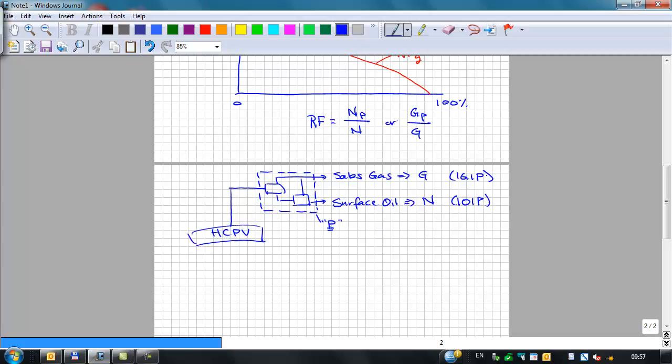That's what we define. And the ratio of those two numbers is the initial gas-oil ratio. It's just G over N. Or what we prefer to use is oil-gas ratio for condensates, which is just N over G, for example, with stock tank barrels per million standard cubic feet as an example unit. Okay?